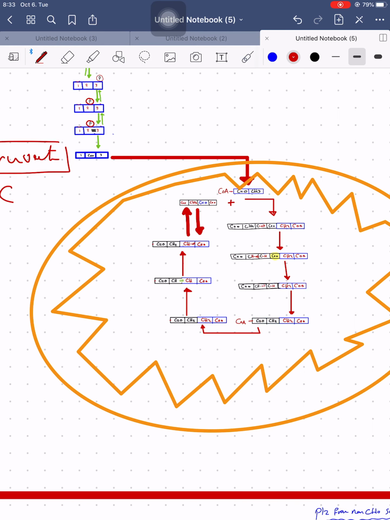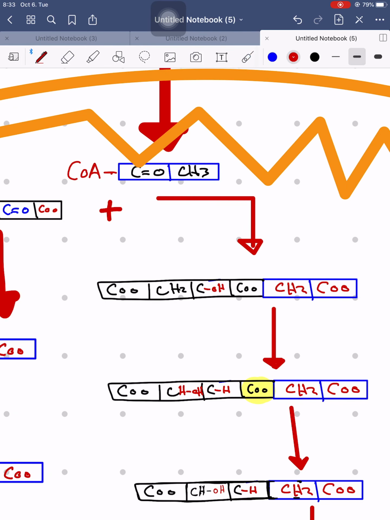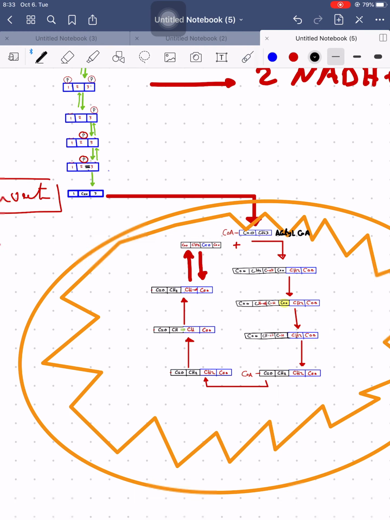Then the pyruvate travels from the cytosol to the matrix of mitochondria, and while it's being transported to the matrix, pyruvate is converted to something called acetyl coenzyme A. That process, which you can see here in red, is called the transition step or pyruvate oxidation. Exactly what happens is oxidative decarboxylation.